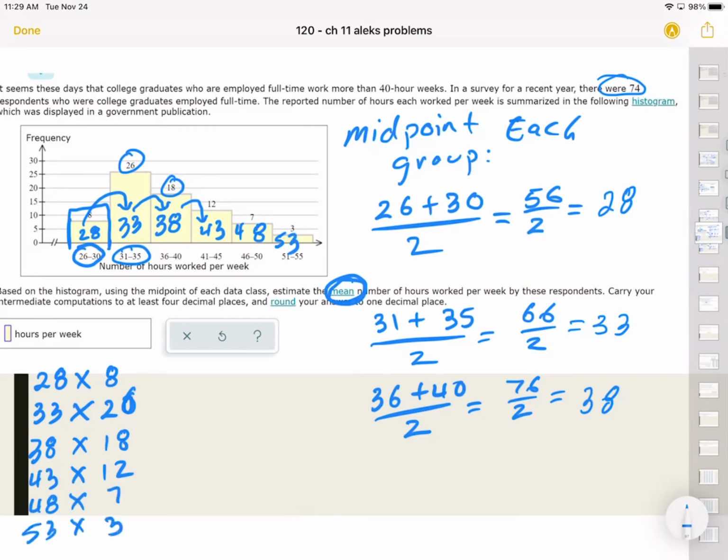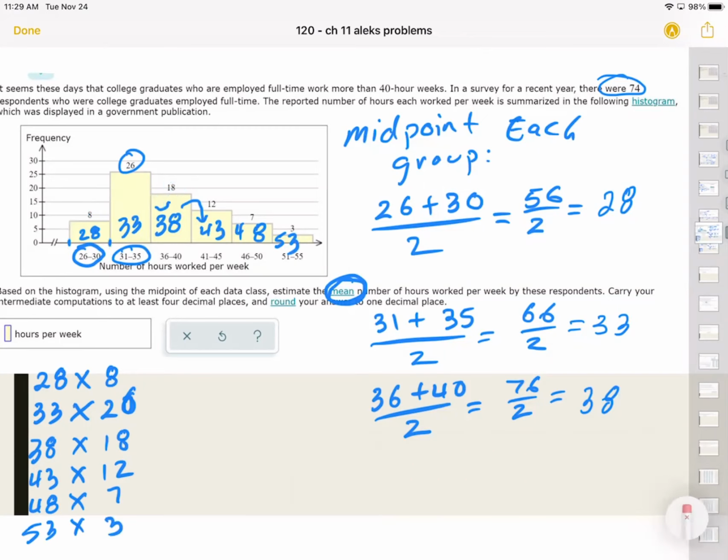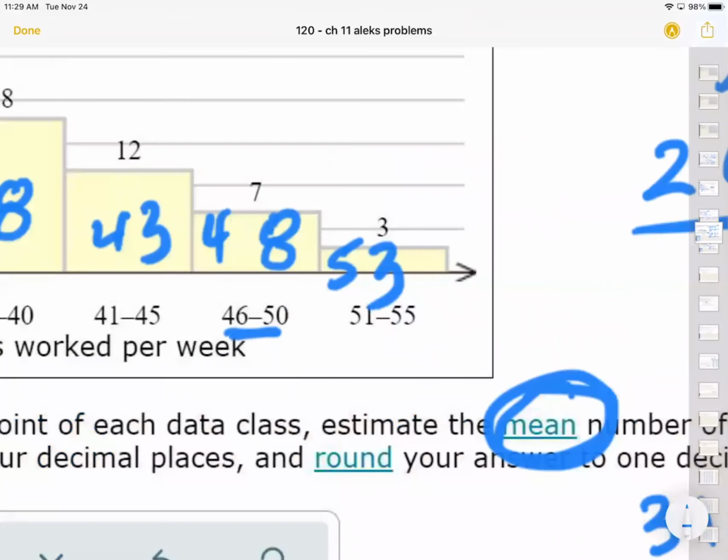So again, what we have to do is take one number to represent the whole group. As you can see, between each group is where your midpoint is, so if you find the midpoint of each group, you will eventually get the same numbers. It's basically what is in the middle of 46 to 50, the middle will be 48.